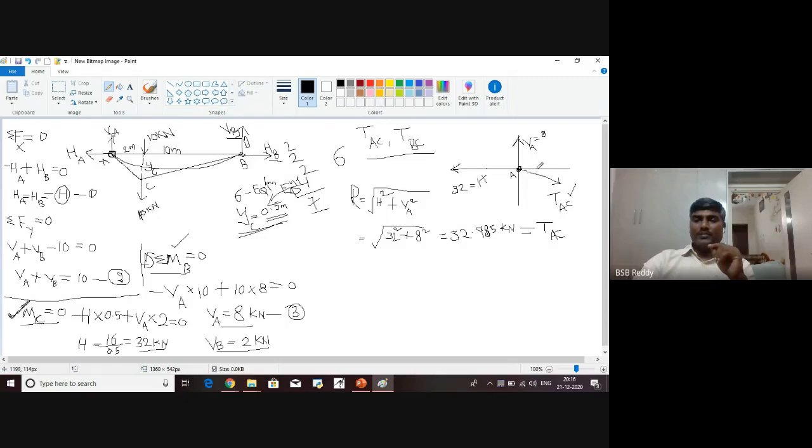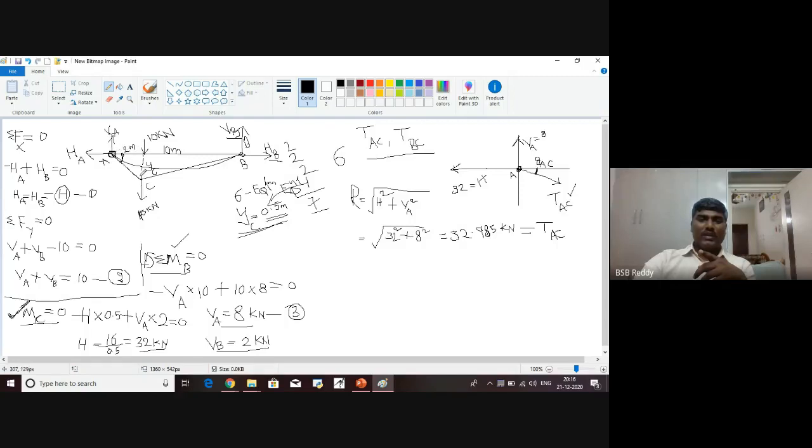Now, this is the angle theta of TAC, so I call this theta AC. I can calculate this angle, theta AC, because I know the YC value and I know this distance.